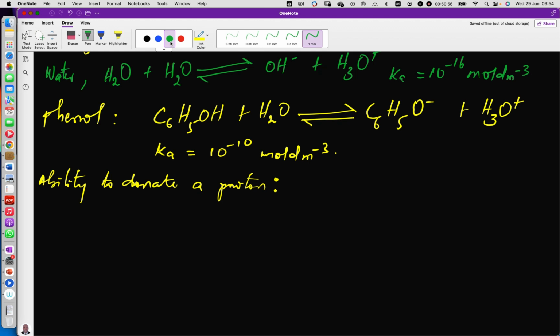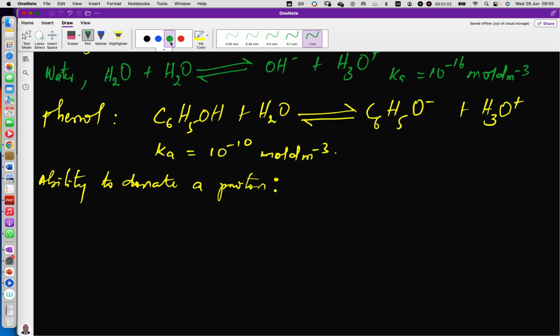As I earlier said, the OH group is electron donating. They donate electrons into the benzene electron delocalized system. And when they donate electrons to the delocalized system, electrons move away from the OH group into the ring.